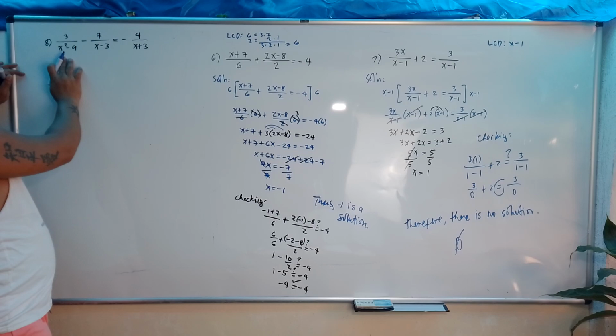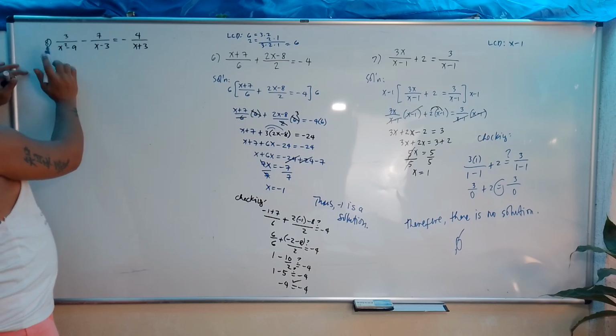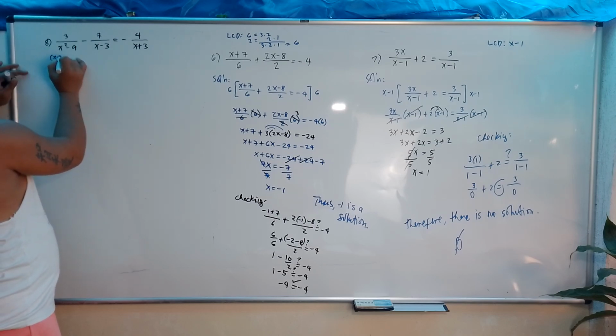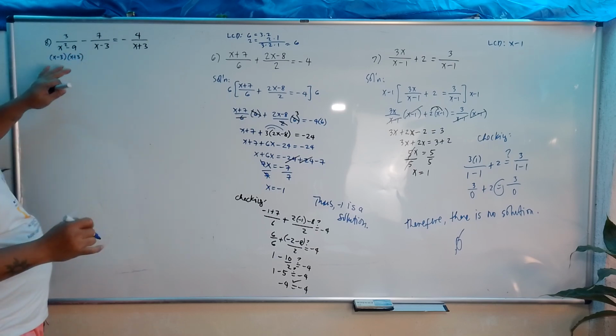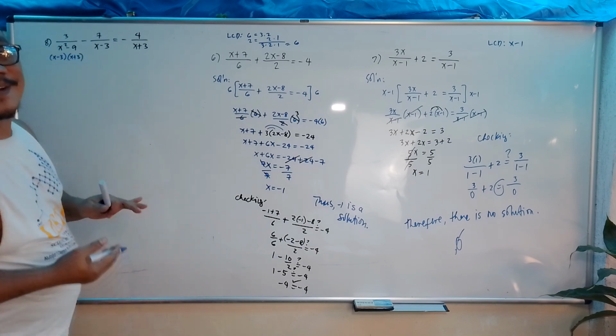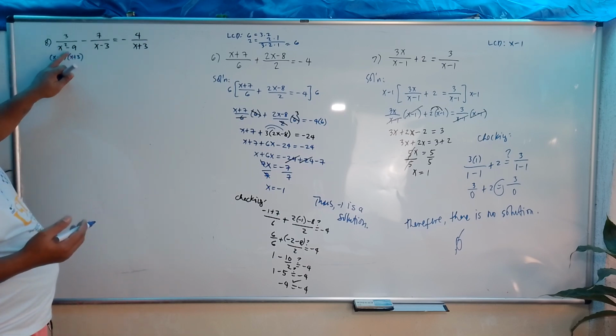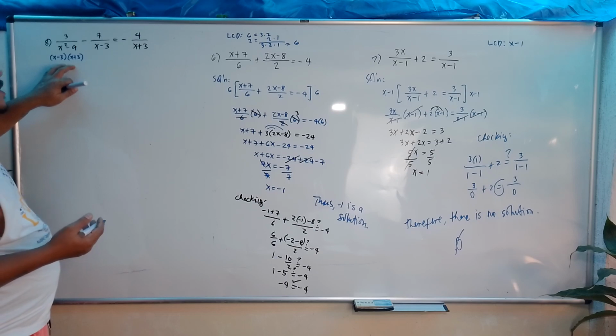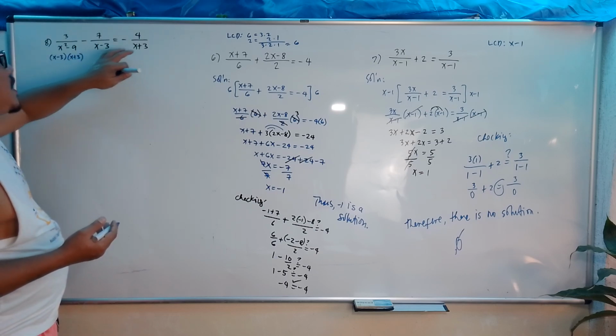This is a difference of two squares, correct? That is equivalent to x minus 3 times x plus 3. So you have x minus 3, x plus 3.